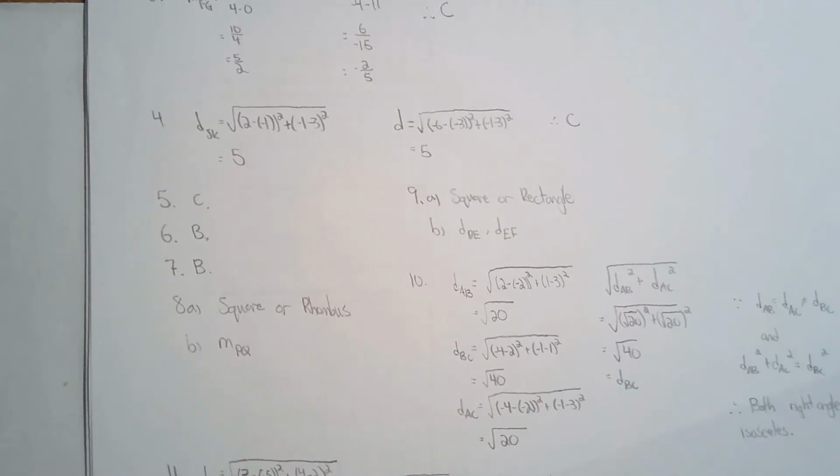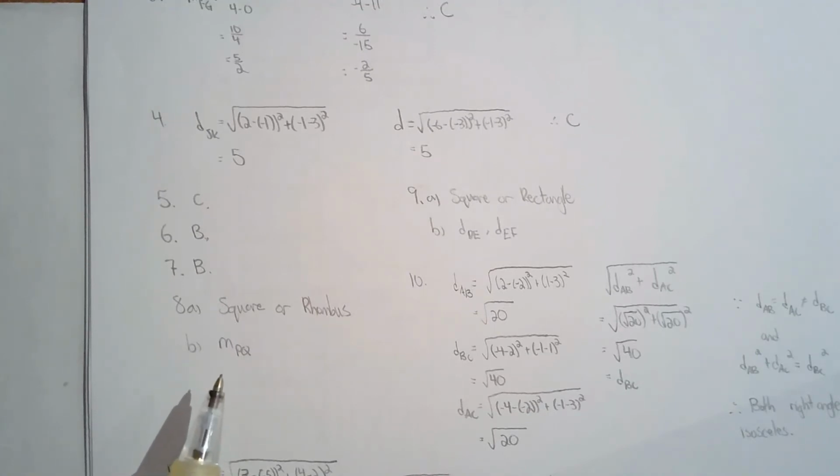rhombus. And if you want to tell if the quadrilateral is a square or a rhombus, what do you need to know? You need to know the slopes. So I said the slope of PQ. I actually forgot, you actually need another slope.